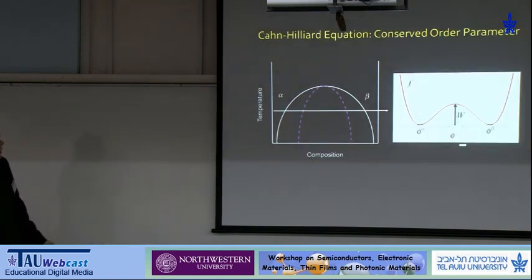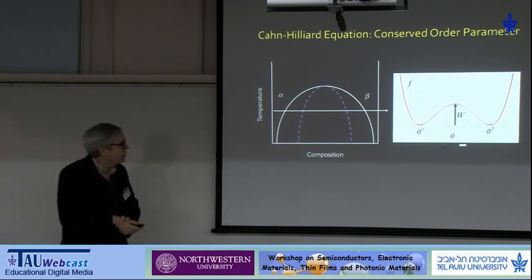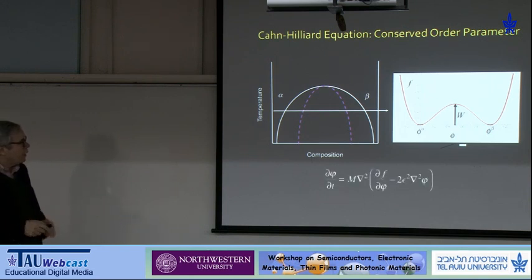This Cahn-Hilliard equation was motivated by Cahn and Hilliard's study of spinodal decomposition. The idea here is you quench a material from high temperature to low temperature, it phase separates, and the phase separation process is described by this equation.